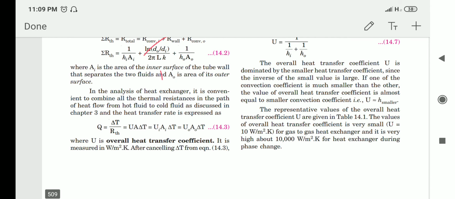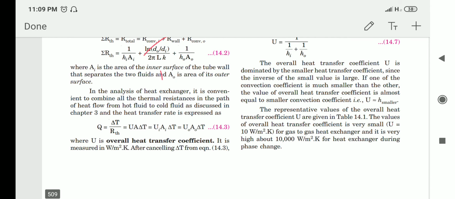Now we already know R thermal equals 1 by UA, and the overall heat transfer coefficient can be expressed in terms of inside surface area and outside surface area. Accordingly, it can be 1 by UiAi and 1 by UoAo, or Uo equals 1 by R thermal into Ao.